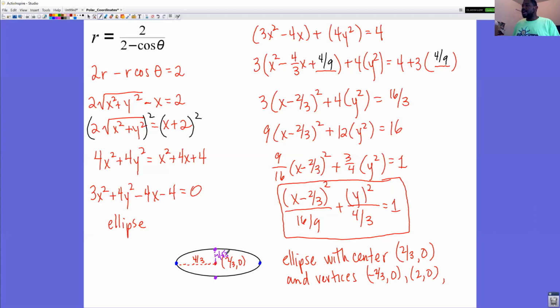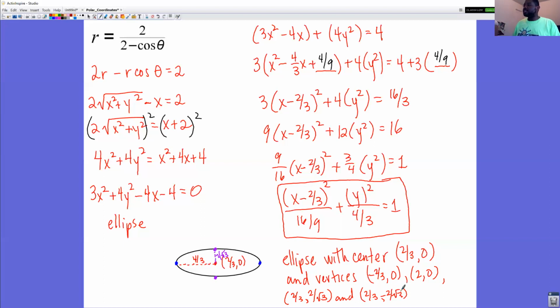and then add this number here, so that's going to be 2/3 plus 2 over square root of 3. I'm sorry, I added to the wrong coordinate. You add that to y. So it's 2/3, comma, 2 over square root of 3, and 2/3, negative 2 over square root of 3.